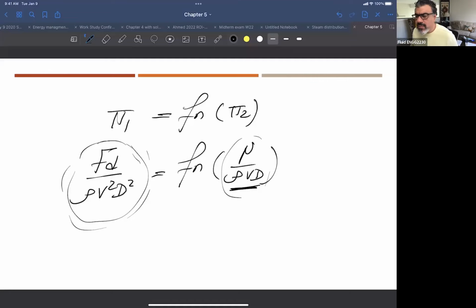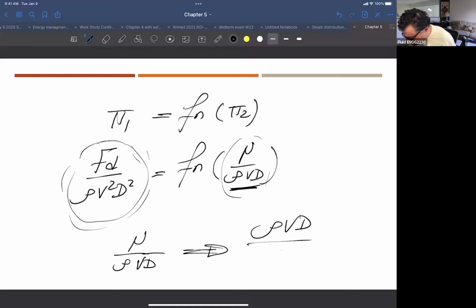So there are some characteristics of this pi. If you flip mu over rho V D, you can convert it to rho V D over mu.